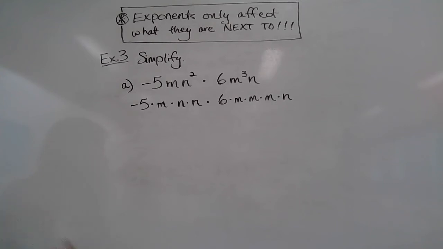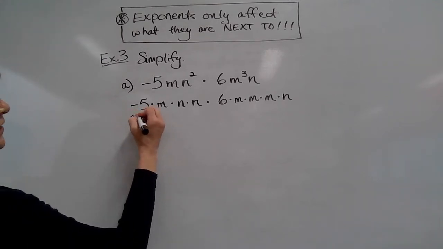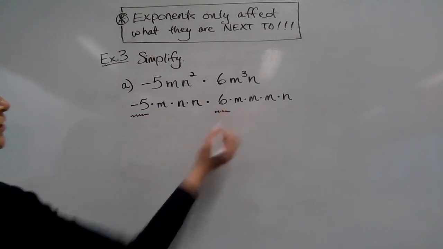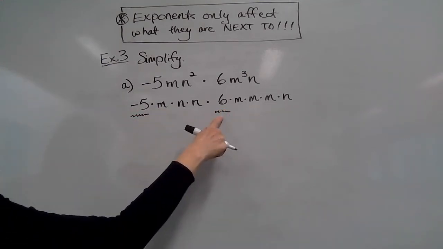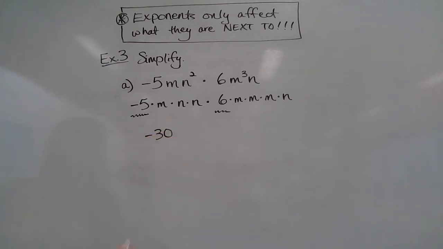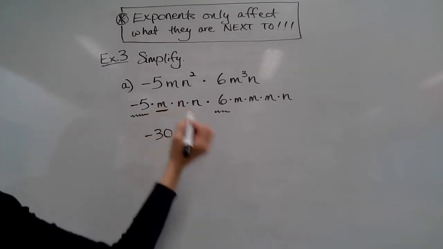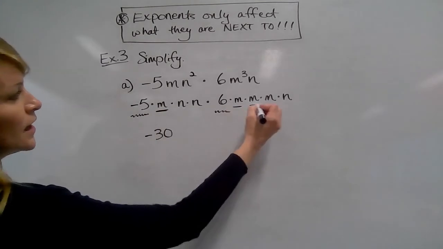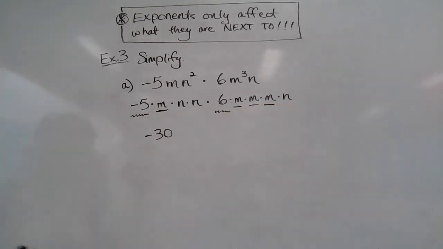Okay, so now we have a long string of multiplication. You can multiply in any order you want. I will recommend multiplying the numbers first. This is -5 times +6 gives us a -30. We have an m, and we have 3 m's over here. When you multiply all those m's together, that is m to the 4th power.